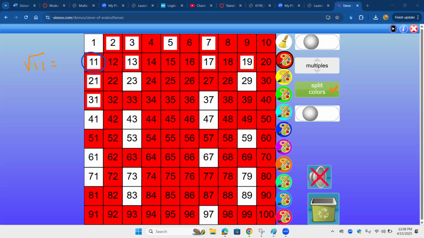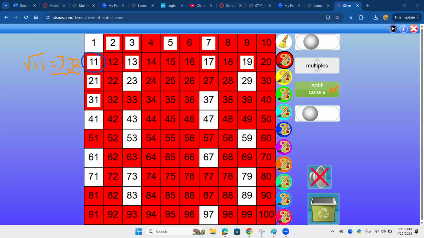What's the square root of 11? 3.32, and it probably repeats. So I would have to find a prime number less than 3.32.